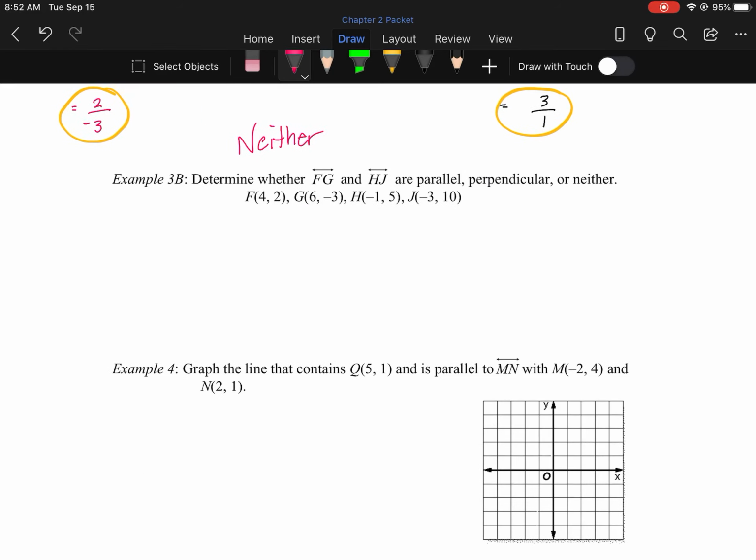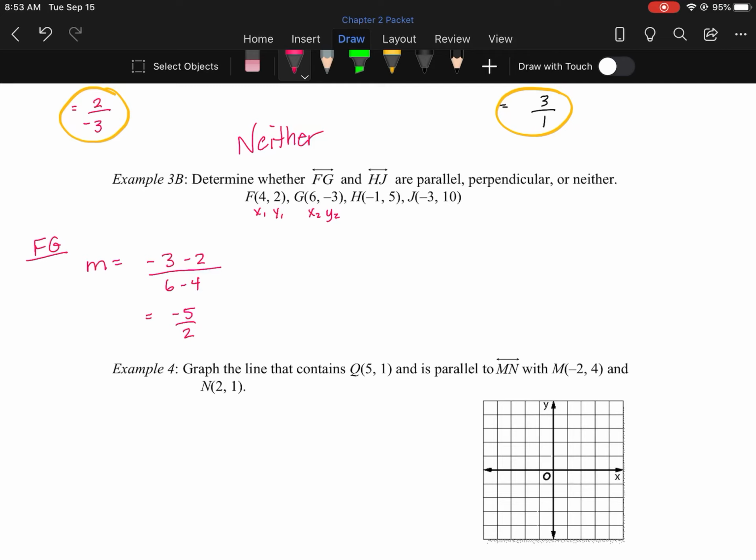Right, example 3b, we're doing the exact same thing, FG and HJ, but they gave us different ordered pairs this time. So x1, y1, x sub 2, y sub 2. So if I'm doing FG, negative 3 minus 2 all over 6 minus 4.